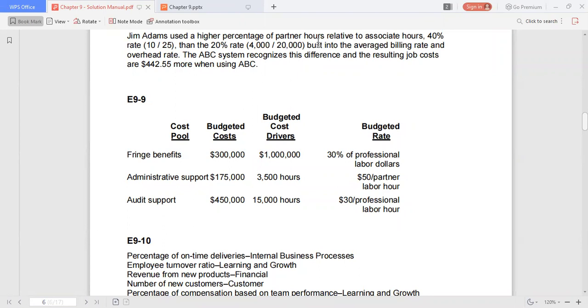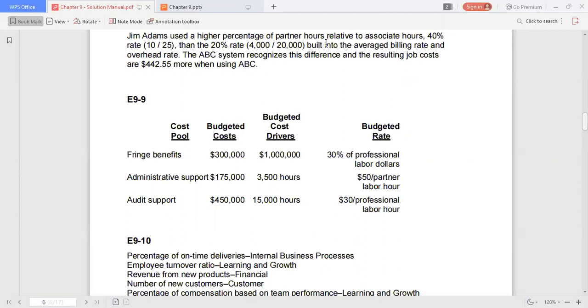We divide the budgeted cost by the cost driver of 1 million professional labor dollars. So it means that 30% of professional labor dollars is the budgeted fringe benefits. Now for administrative support, it's $50 per partner labor hour.